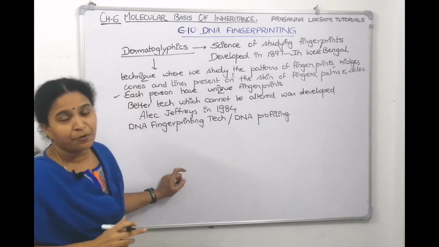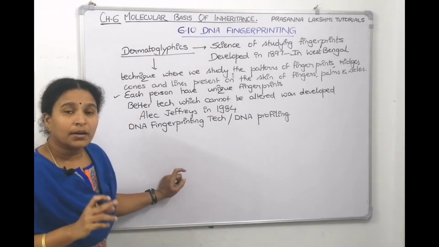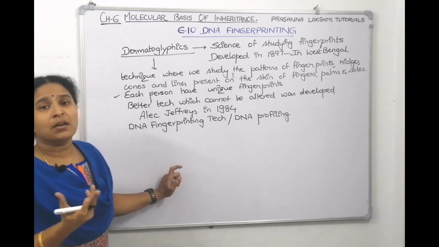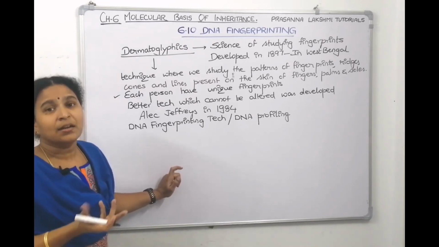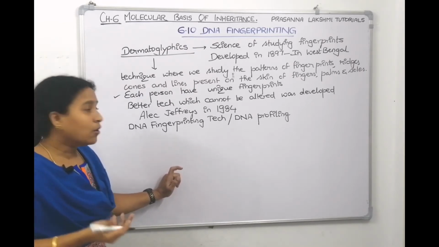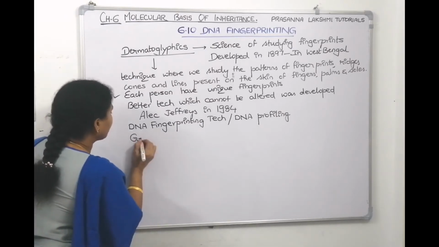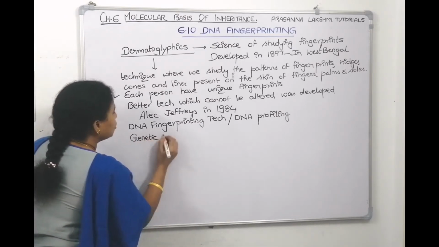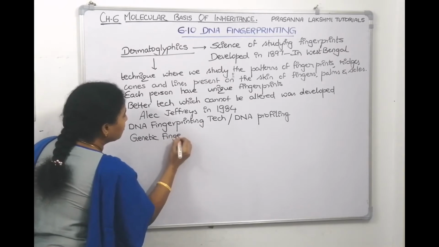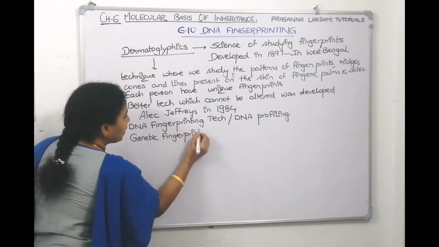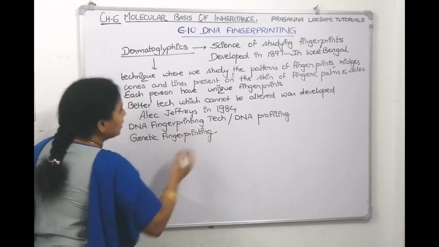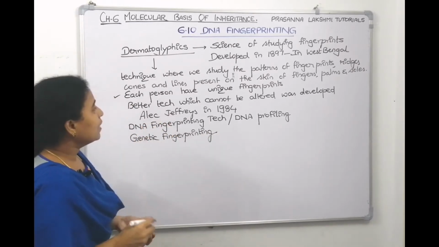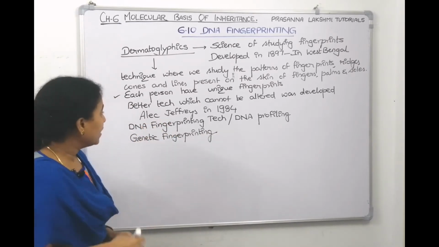DNA profile or DNA profiling is also the same thing. Or it is also called genetic fingerprinting. What is DNA? DNA is a genetic material. It has genetic information. So we can also call this technique genetic fingerprinting. Who developed this technique, children? It was developed by Alec Jeffreys in the year 1984.